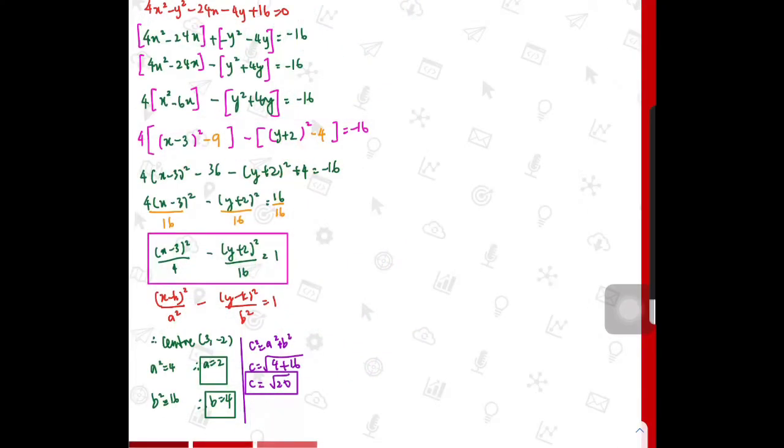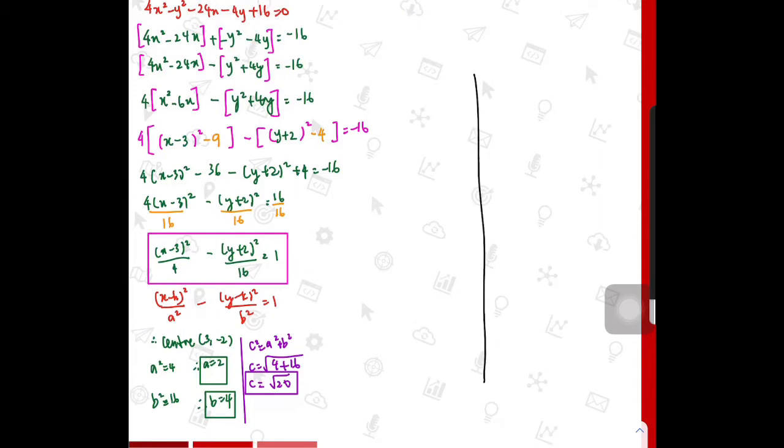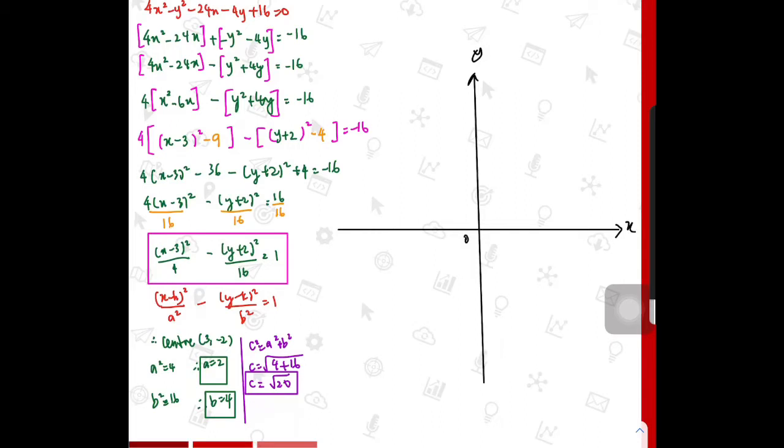Using all of this information, right now let us straight away sketch our graph. So let's draw our x-axis, let us draw our y-axis, x and also y, and our origin.